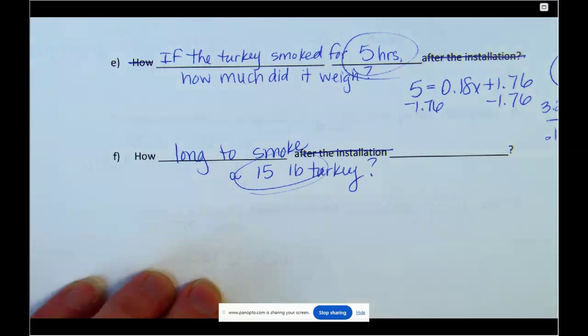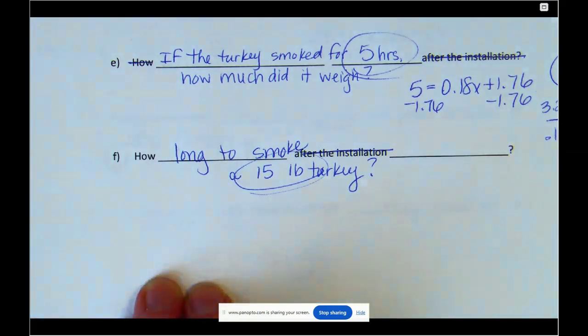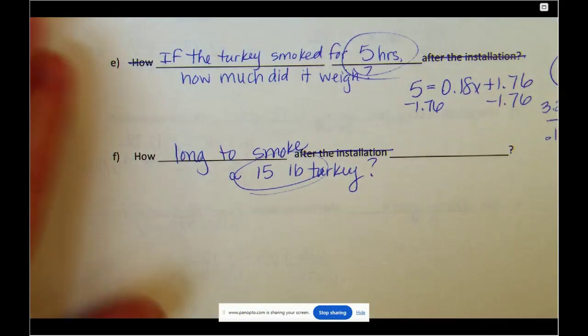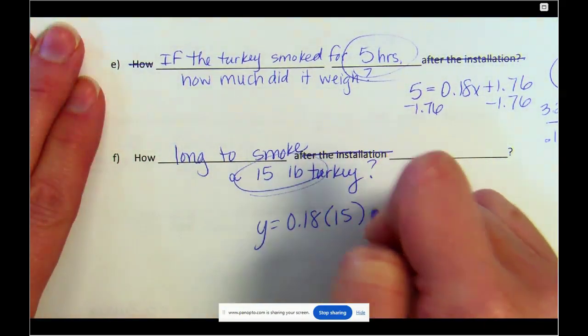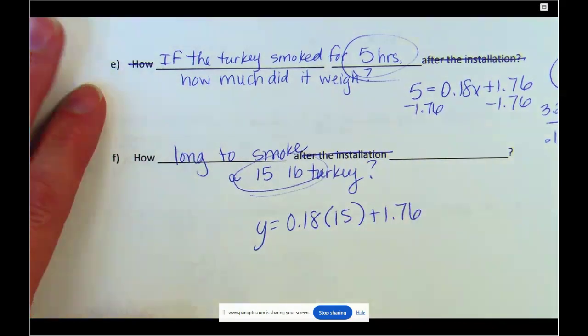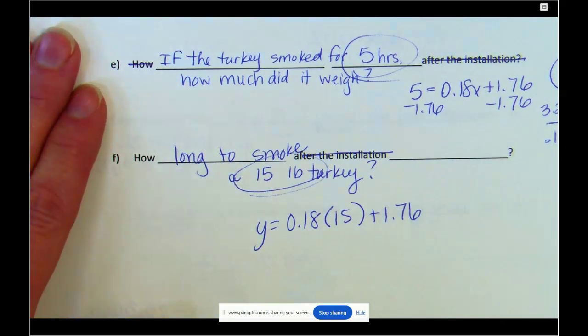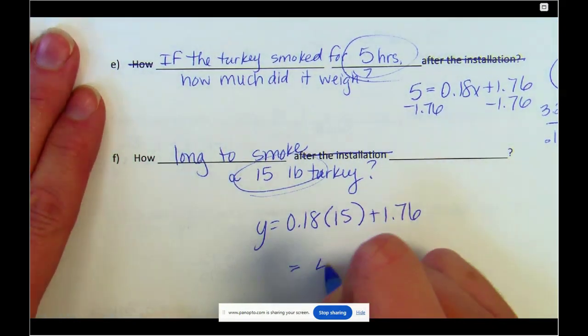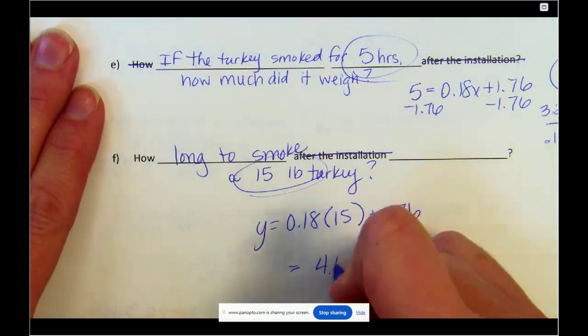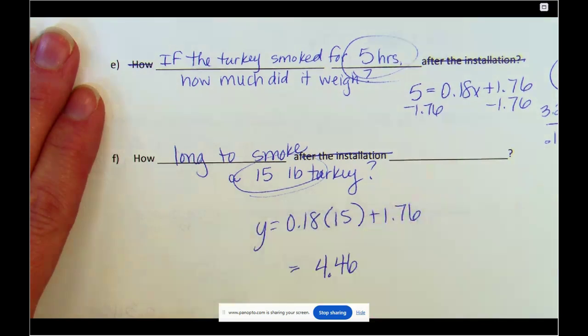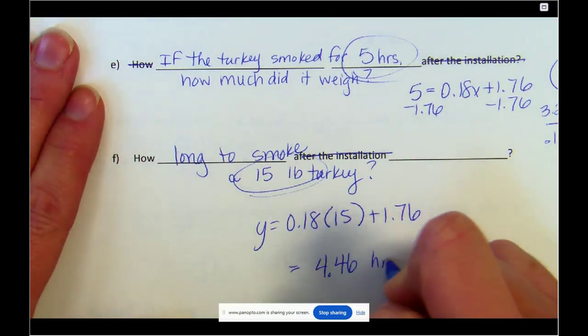Okay, 15 pounds. Did I give you X or did I give you Y? Gave you X. So Y equals 0.18 times 15 plus 1.76. What is that? 4.6 or 6? Guys, stop fighting.